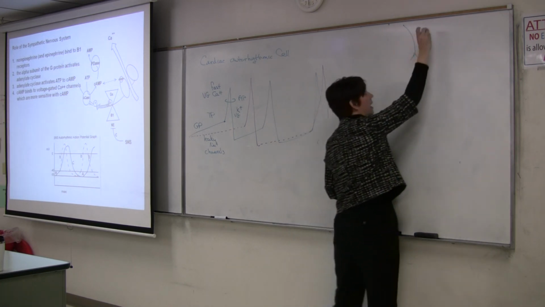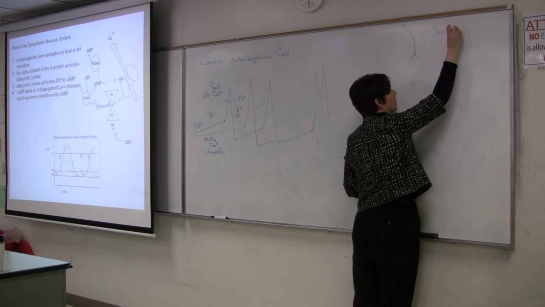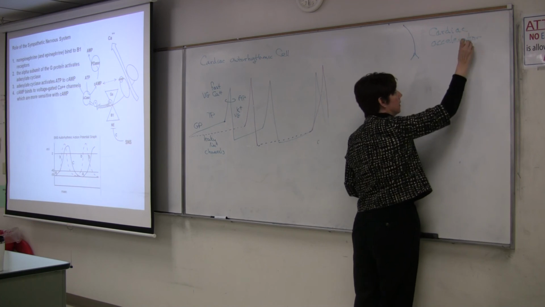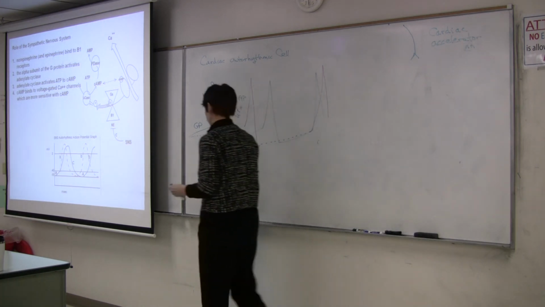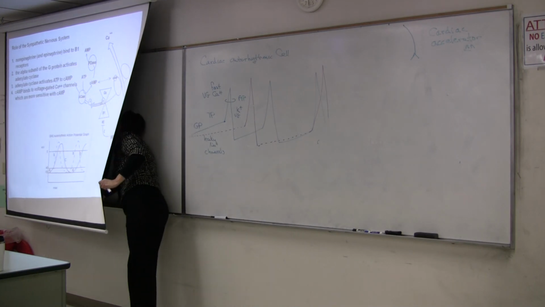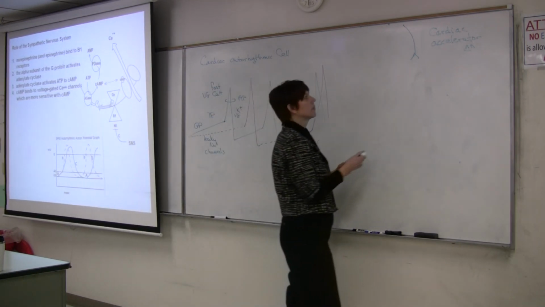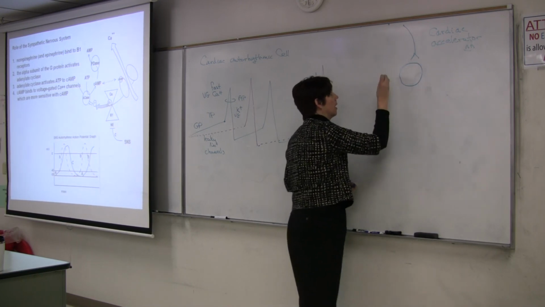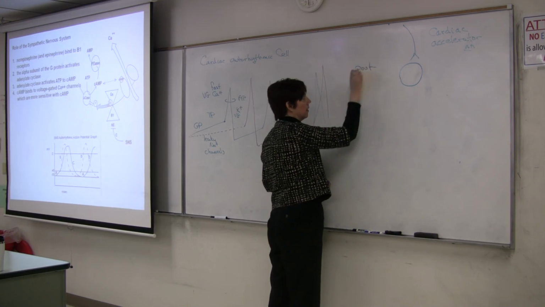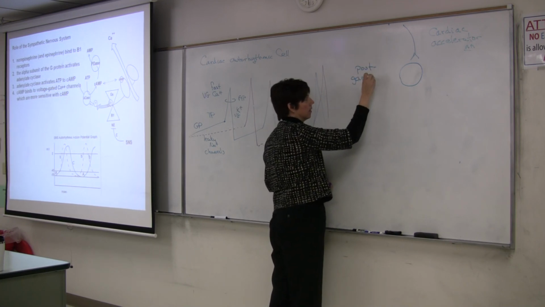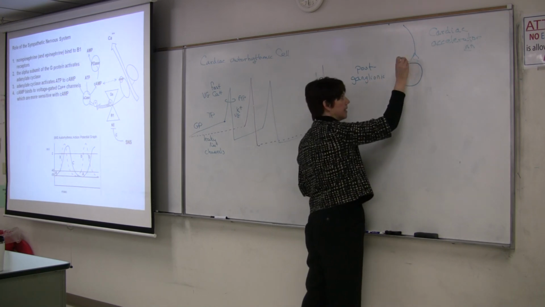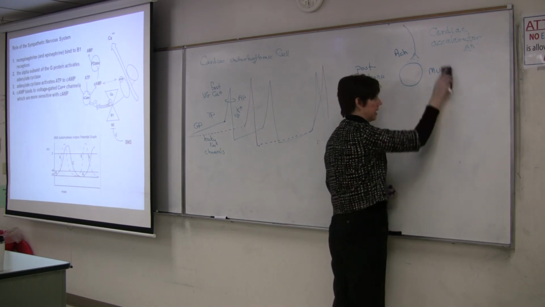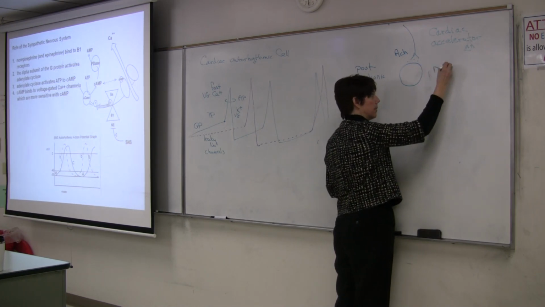And these will be cardiac accelerator nerves. This, by the way, is still acetylcholine. This is still a nicotinic receptor, even though this is sympathetic.